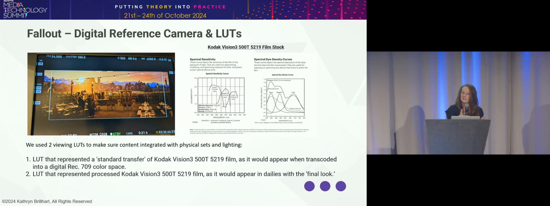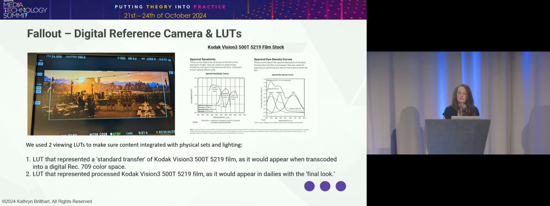The DIT had a really thorough understanding of the spectral sensitivity and density of Kodak Vision3 500T 5219 film, and had worked with the DP on past projects. They were really tight and had a good subjective understanding of what they expected from the film itself and what they wanted from dailies.